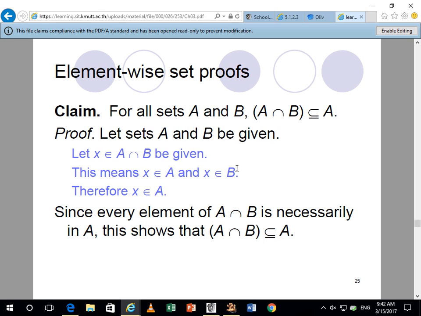So we are proving that X is an element of A. That means A intersect B is a subset of A, since all the elements in it are in A. We call this an element-wise set proof. We look at each element and show that this is satisfied.